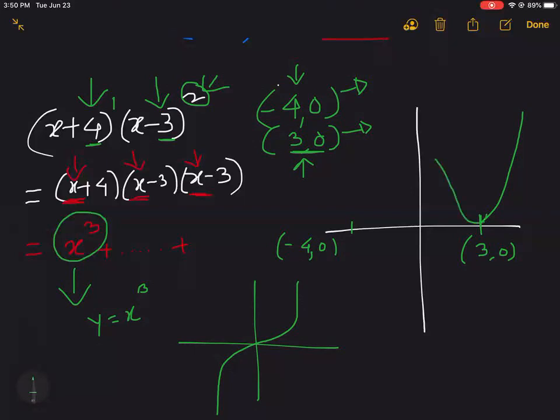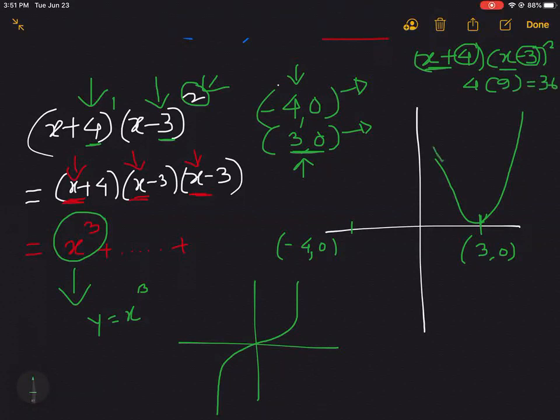You can calculate the y-intercept by plugging in 0 in place of x. Let us do that as well. So if that's 0, we'll have 4. If that's 0, it will be -3. -3 squared will be 9. So it will be 36.